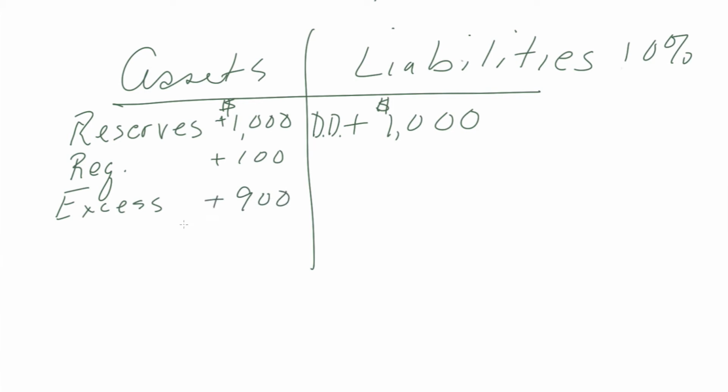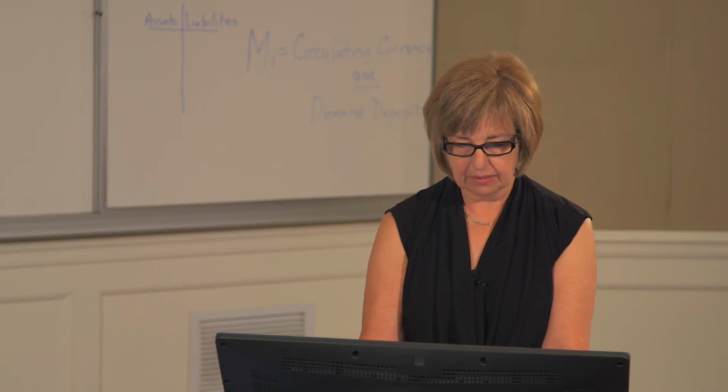If the reserve requirement is a higher number, let's say it's 20%, then on this $1,000 deposit, 200 would have to remain in required reserves and only 800 would be in excess. So we can see that with a different reserve requirement, it changes the amount of money that can be loaned out and then redeposited.